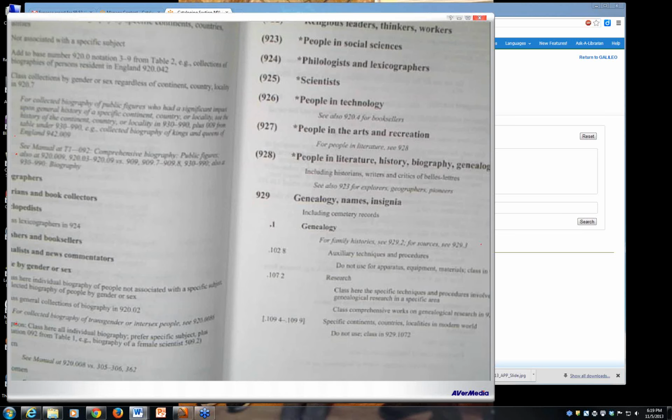If there's a title there that has a geographic location associated with it, I would expect you to carry that on out to show that geographic location so I know you understand the concept. Now, in real life, in your media center, you need to do what works best for your patrons and your users, the students and the teachers, absolutely. But for the purposes of understanding Dewey classification, you're going to need to carry those out so that I can see you have that understanding. So thanks for asking that question.